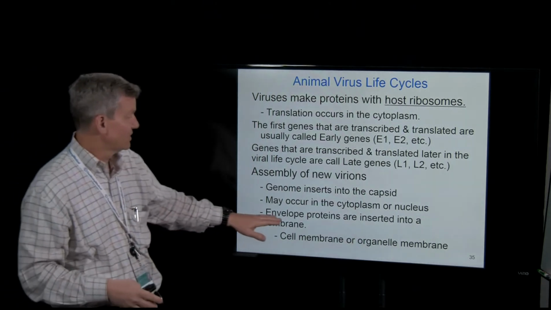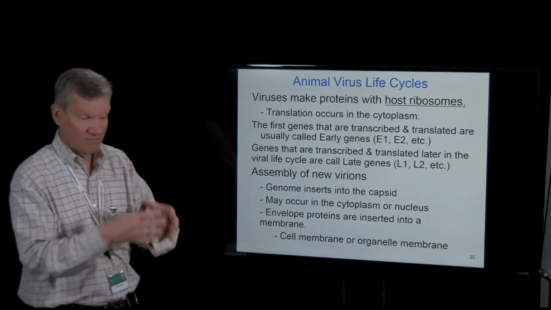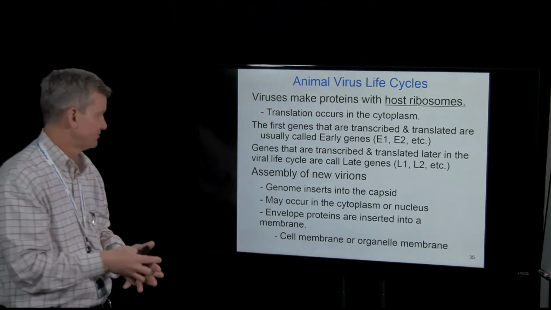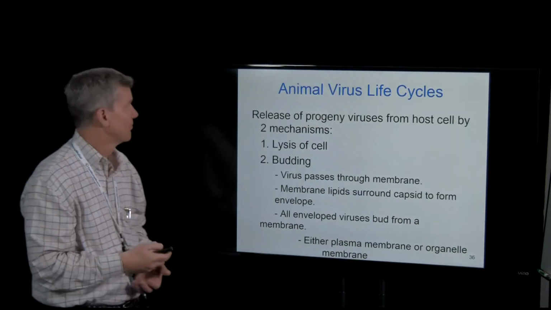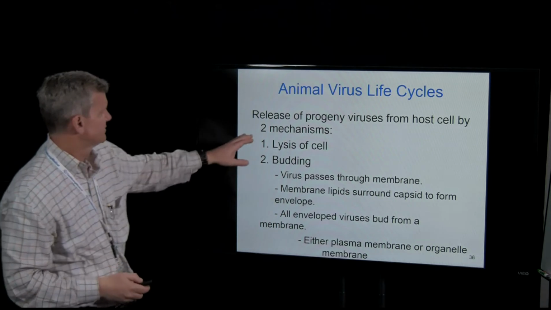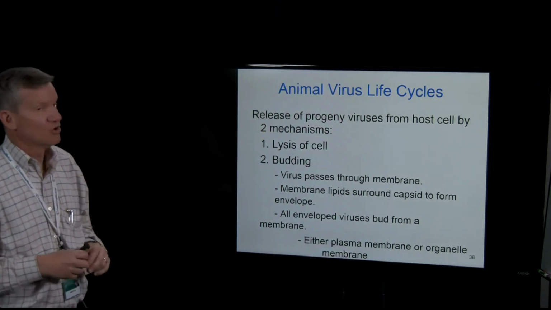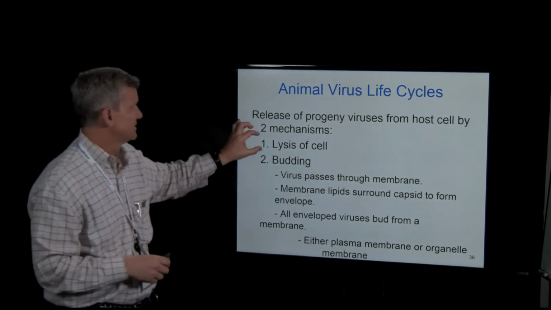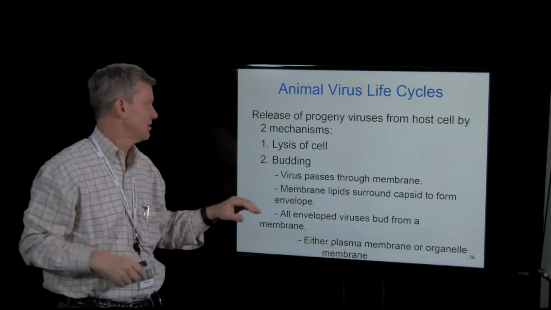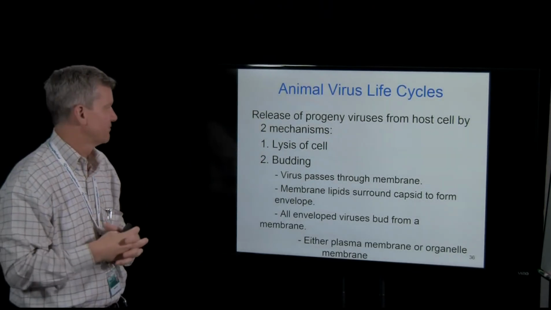And then envelope proteins are inserted into the membrane, but remember that membrane is either the nuclear membrane or the cell membrane. Okay, so we already kind of talked about lysis of cell and budding. Generally, viruses that don't have an envelope lyse the cell, so they just burst the cell. Pox virus does that. Viruses that have a membrane generally bud through the membrane. Okay?